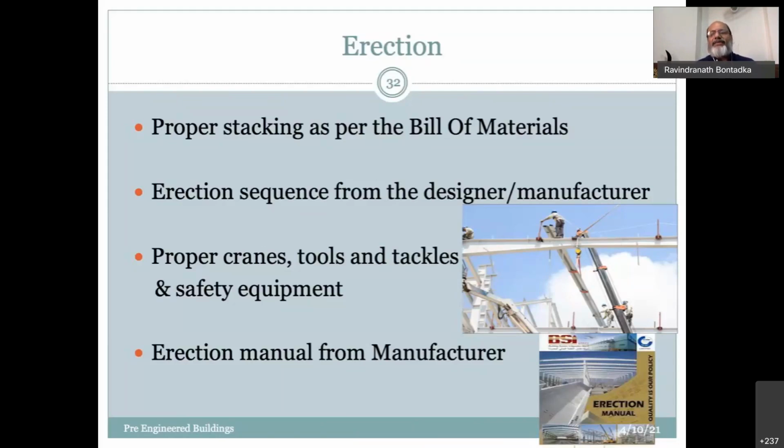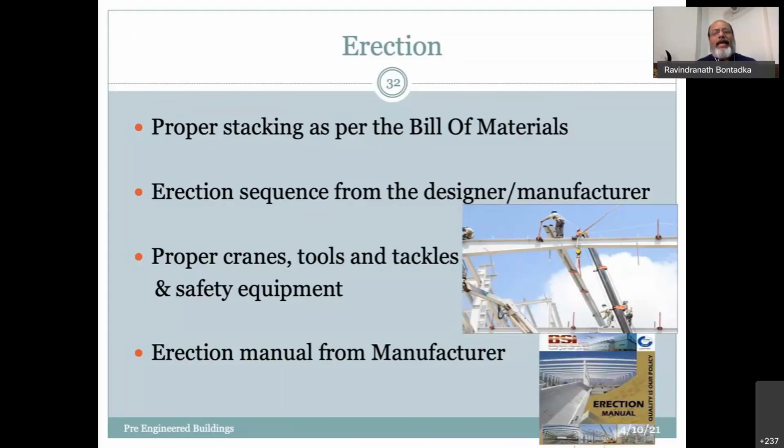So the erection sequence is obtained from the designer or the manufacturer, and then the proper cranes, tools, tackles, and safety equipment are used. Safety is very, very important, especially when people are working at heights. You should have all the safety gear, the PPE kits, when working there.